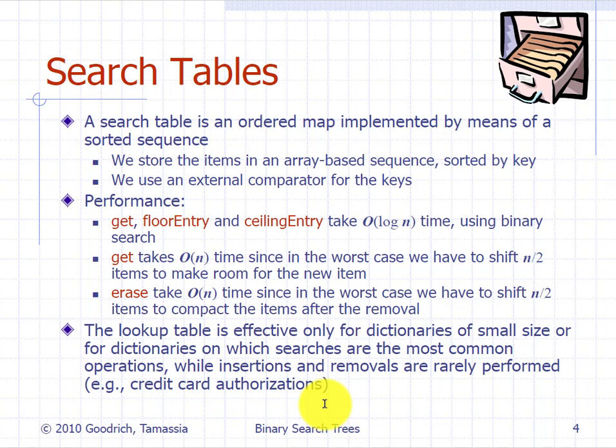The performance varies. If you use binary search in an ordered map, you can achieve get a particular key, find the floor of a particular key, find the ceiling of a particular key, all in log n. Why is this?